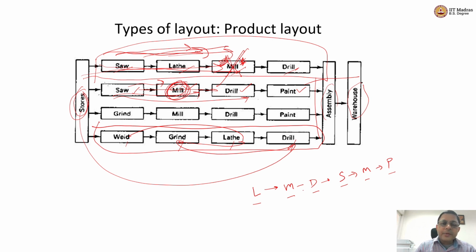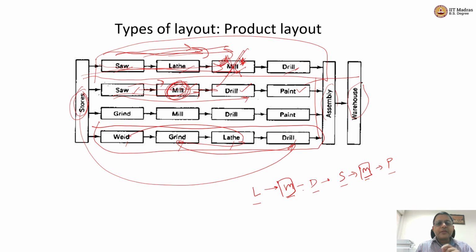You are going to require two milling machines in this layout, once here and once here. You cannot simply say I will buy one single milling machine and be done. Cannot happen, because your layout is governed purely by your sequence of operations. The sequence of operations requires milling operations twice, therefore you will have to invest in two milling machines.